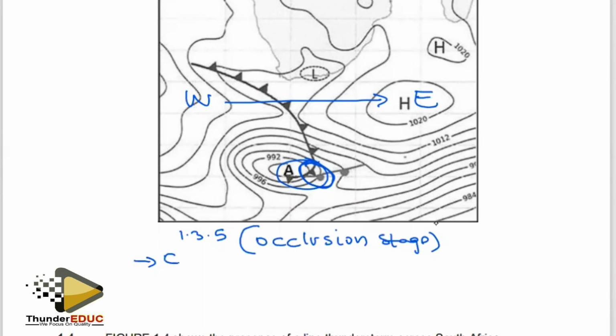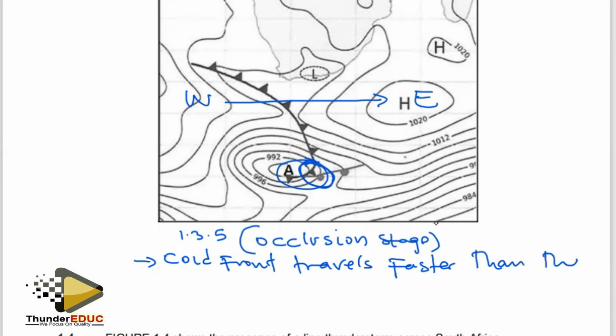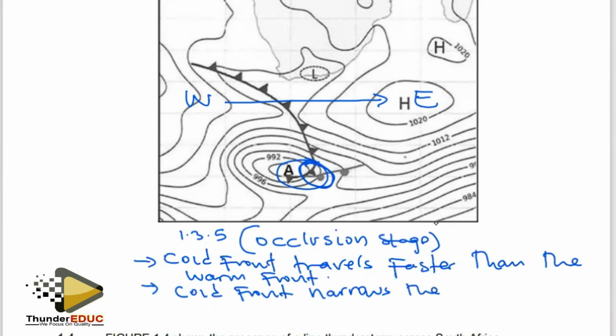The cold front travels faster than the warm front. Cold front narrows the warm sector.